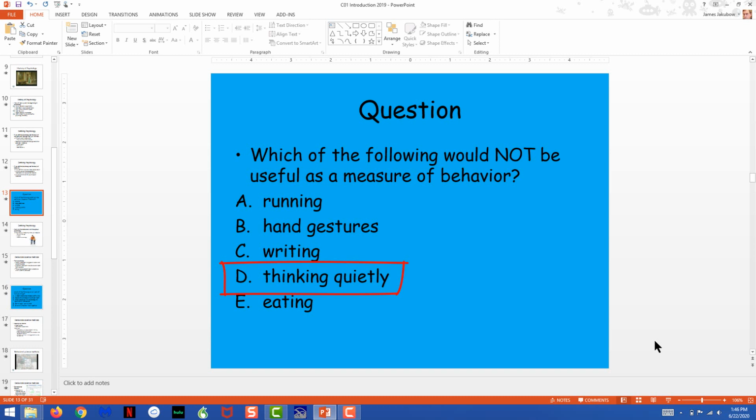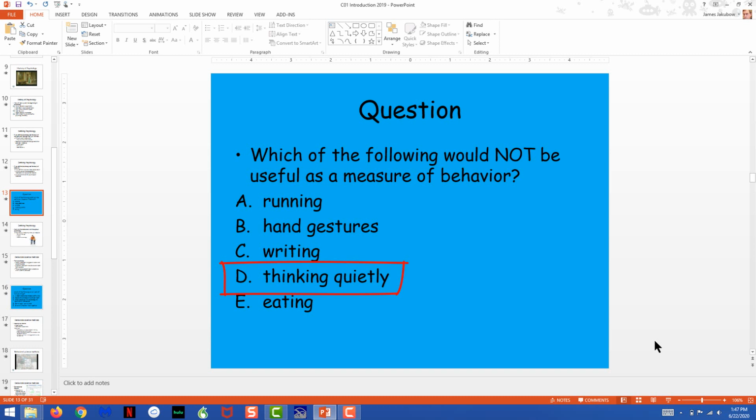All of the other answers there are things that could be audio taped or videotaped. They are all publicly observable, and therefore they all lend themselves to being objective measures, measured in exactly the same way as everybody else does. So running is a simple one. Everybody can see that. You can videotape somebody running, and any scientist anywhere in the globe can look at it a week later, a month, or a year later, and it will be exactly the same data.